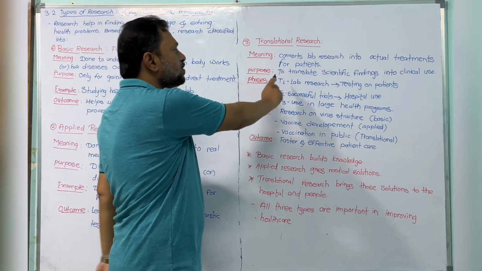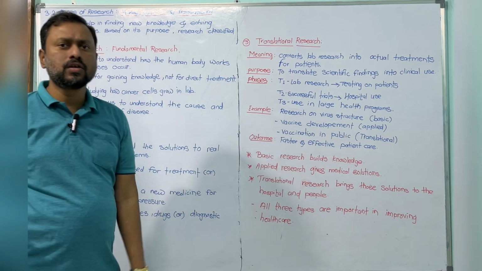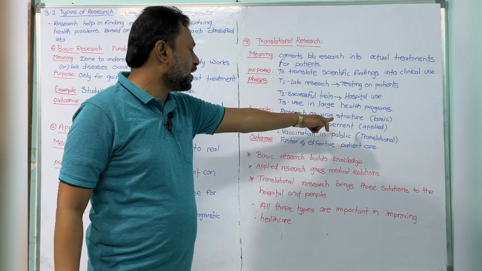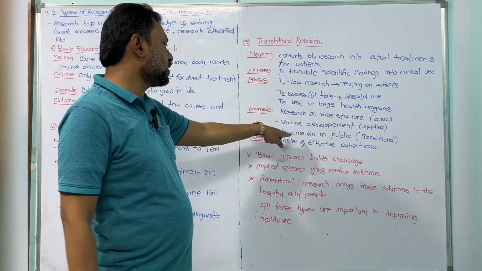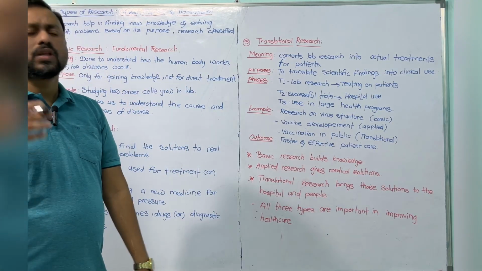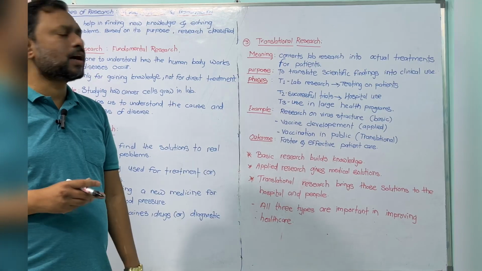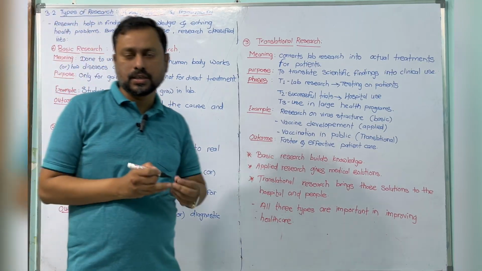The purpose of this is to translate scientific findings into clinical use. Now, an example: research on virus structure is basic, vaccine development is applied, and vaccination in public is translational. The outcome is faster and more effective patient care, which is the main purpose of translational research.